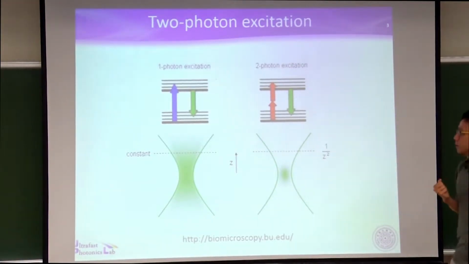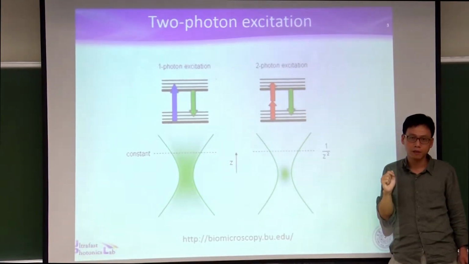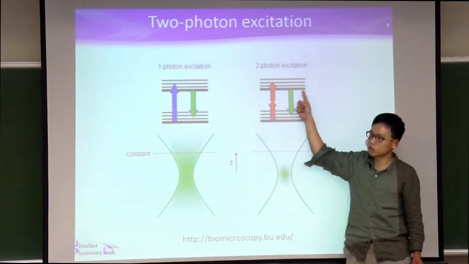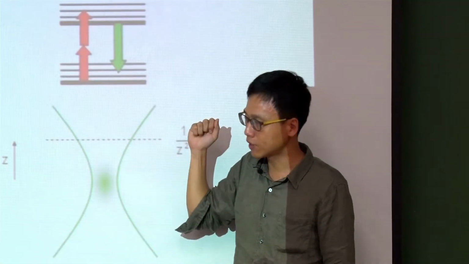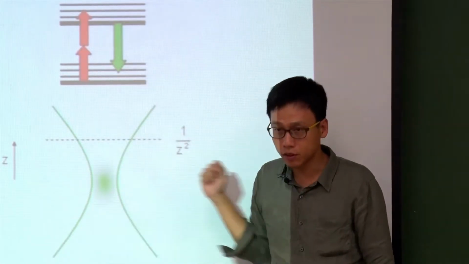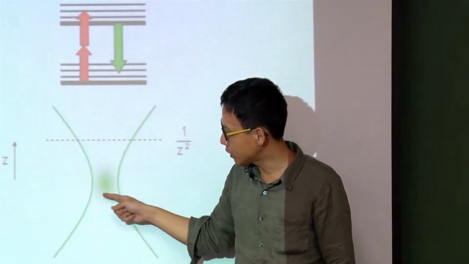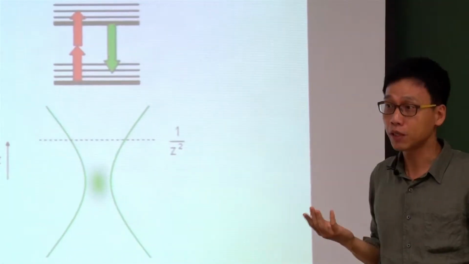Transition is possible. Then you can see emitted photon. Okay? But in this picture, only a high photon density can do that. So if you focus a laser beam, only the area around the focal point, the photon density is big enough.